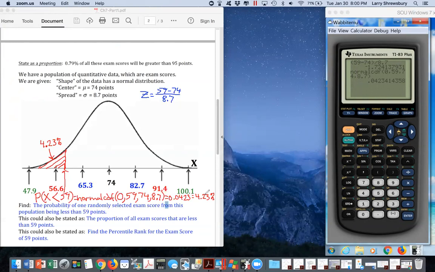And 4.23% of all these exam scores are less than 59. So 59 is at the 4.23rd percentile. If you want to round to 4%, I guess you could, but 4.23rd percentile if you want to go out to 2 decimal places in your percentage.